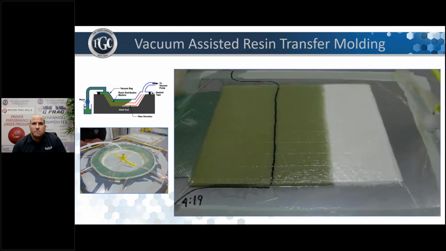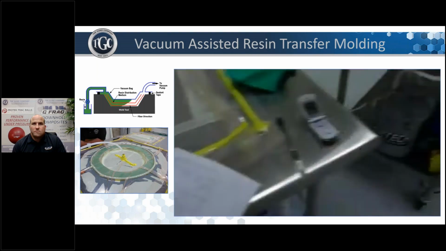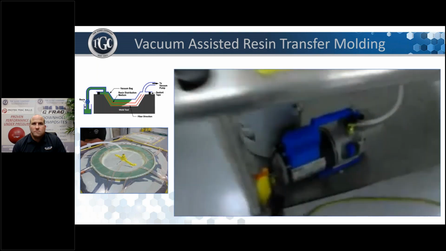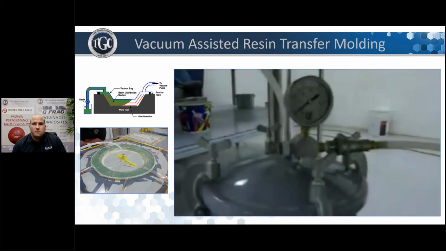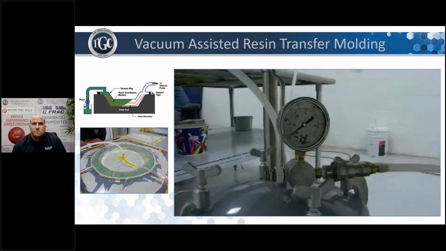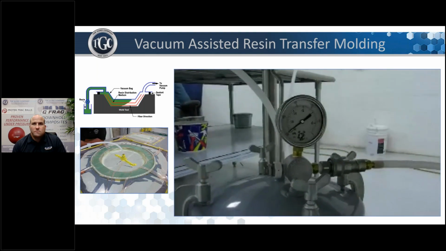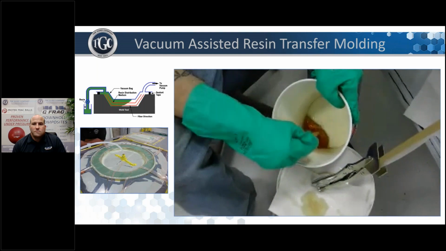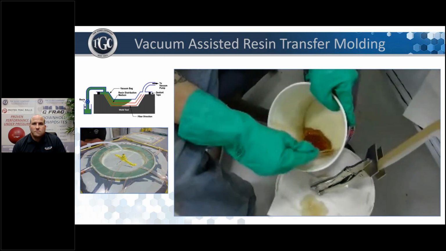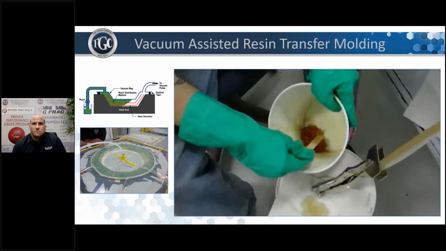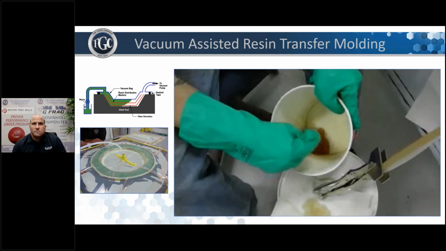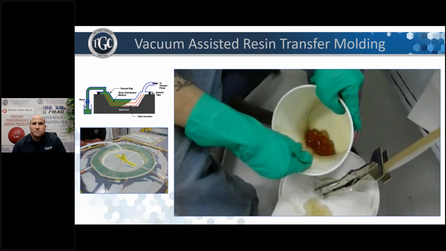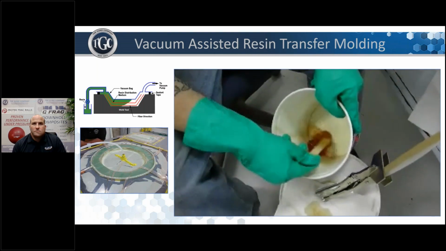The vacuum pump is still on, as you can see, and here we are maintaining a vacuum pressure of about 29 inches of mercury. As you can see, our resin is now gelled at air temperature. It is 4:28, exactly 11 minutes after the resin was initiated.